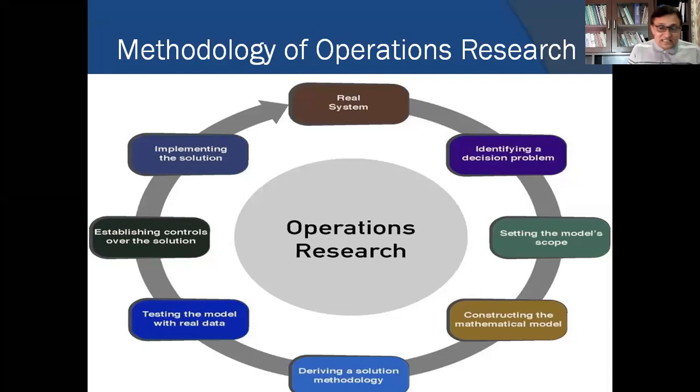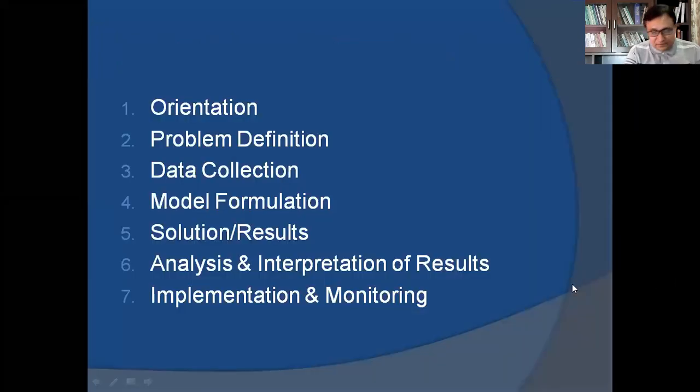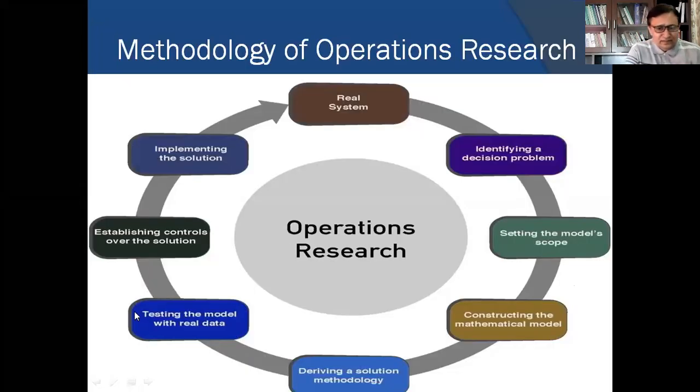So constructing a mathematical model of the real problem you have identified is the next step. Then you have to reach the point of defining the solution methodology relating to that model. Once you do that, after that comes testing the model with the real data.